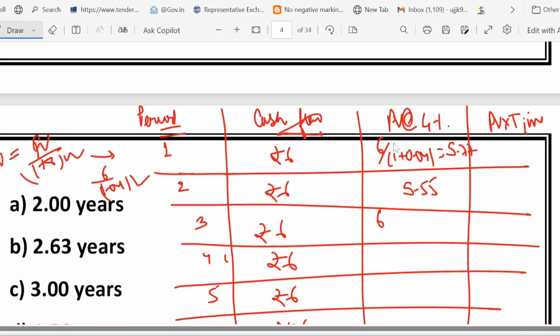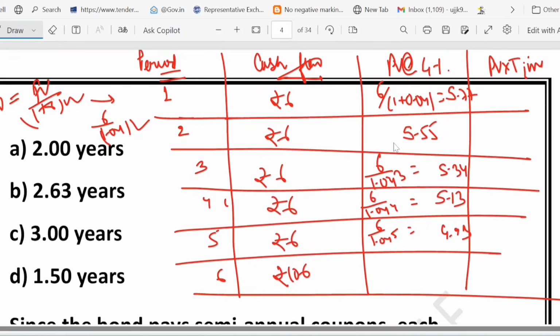In the third case, 6 divided by 1.04 cubed, which is equal to 5.34. 6 divided by 1.04 to the power 4 is equal to 5.13. 6 divided by 1.04 to the power 5 is equal to 4.93. And finally, in the last case, 106 divided by 1.04 to the power 6 is equal to 83.78. So these are the present values.